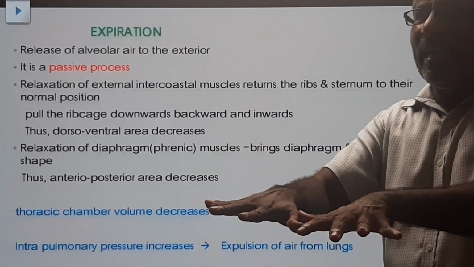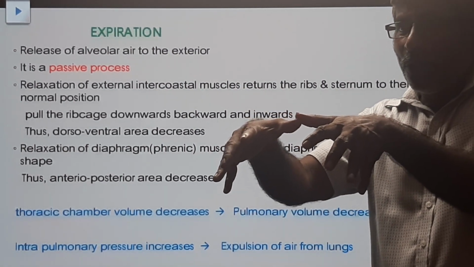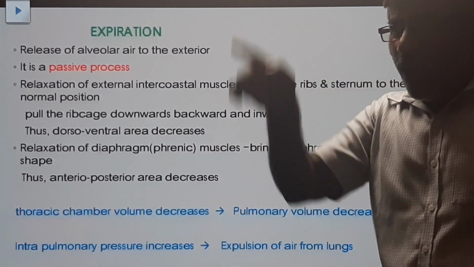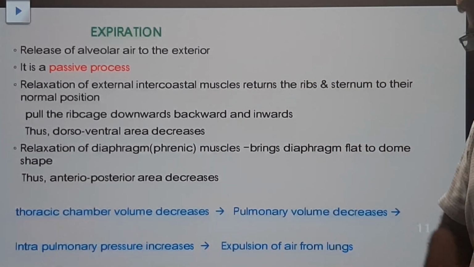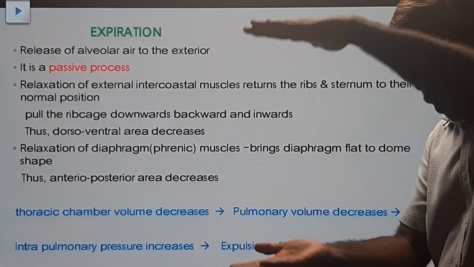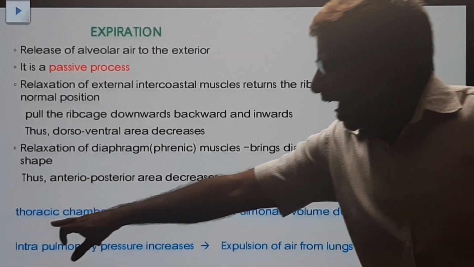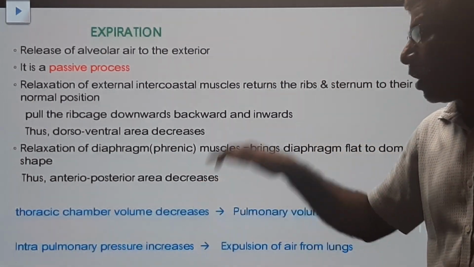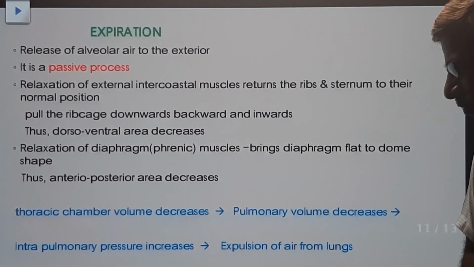Then the flattened diaphragm becomes dome shaped, so the anterior-posterior area decreases. So overall the thoracic chamber volume decreases because of the relaxation of these muscles.